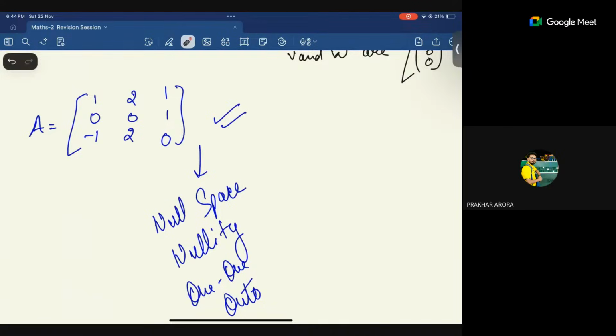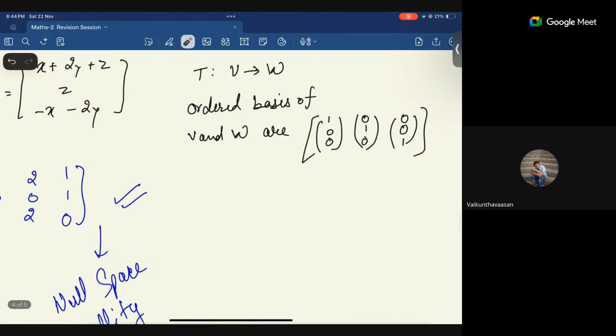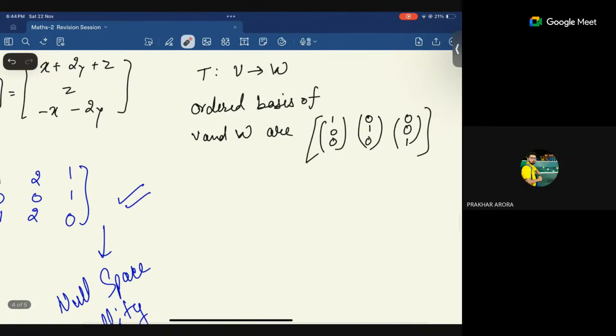Yes, Vaikunt. Sir, we can use the basis matrix to find the nullity and mapping also, right, sir? What basis matrix? This one? How will you find the nullity and all from here? Which approach are you talking about?